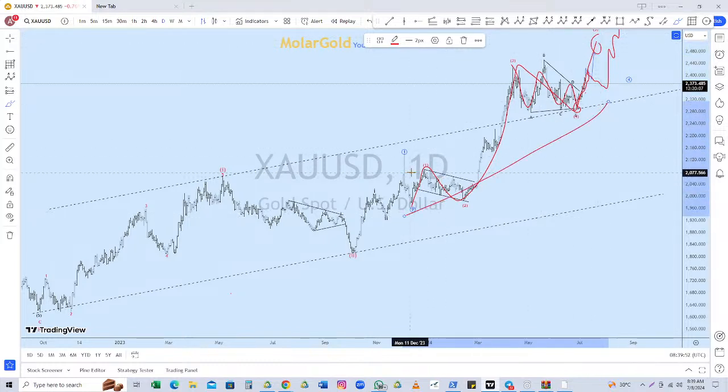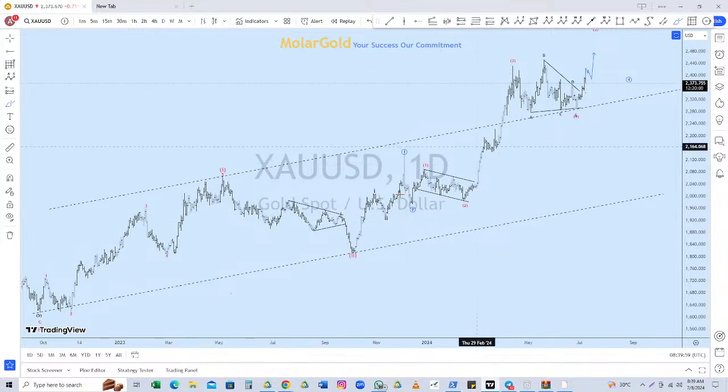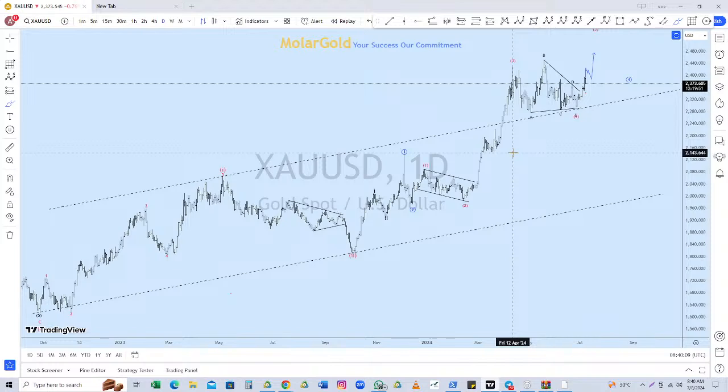Once we are done with that degree, then we will look at the blue degree. But for now, never say never. I told you guys we have two patterns, and now it appears like one is playing out. All the same, we have to keep our heads up and look over our shoulders all the time.